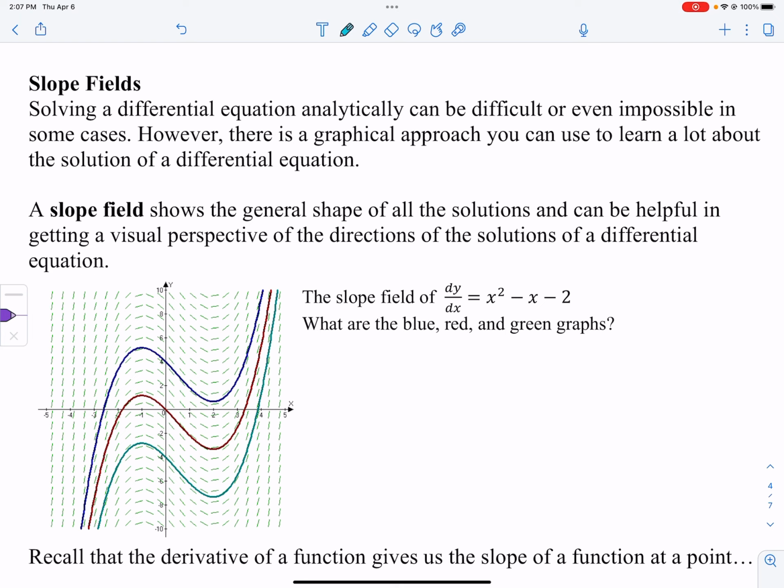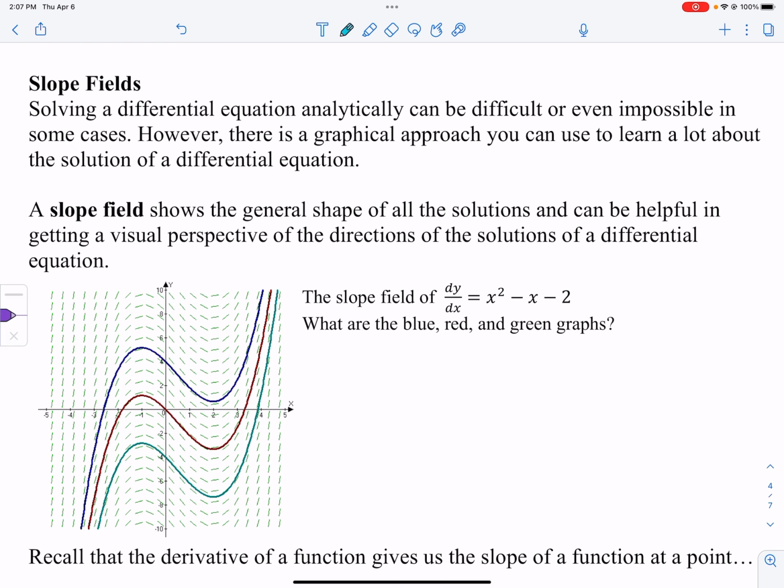And then once you've graphed all of those little line segments together, they make up a slope field, which would actually show you the general shape of all of the solutions, the general solution, to a differential equation. So it gives you a visual representation of the solutions to a differential equation.